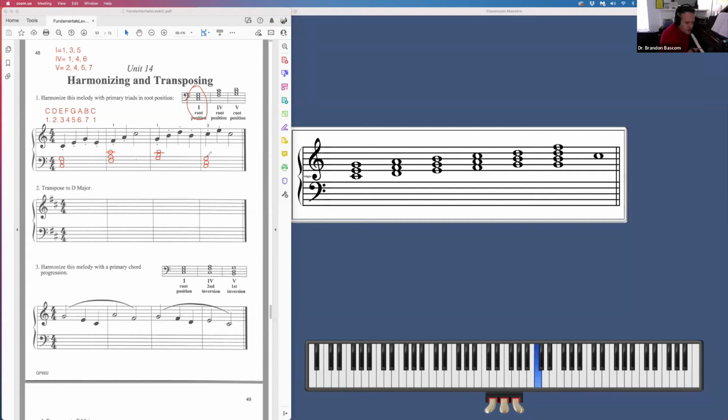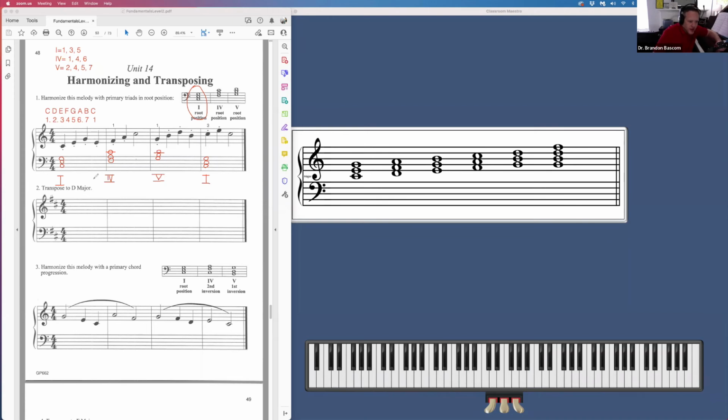And here's my melody with my chords. All right, so we had a tonic, a subdominant, a dominant, going back to a tonic.